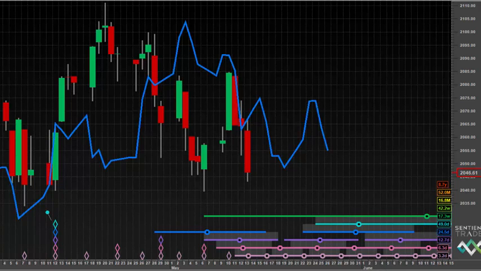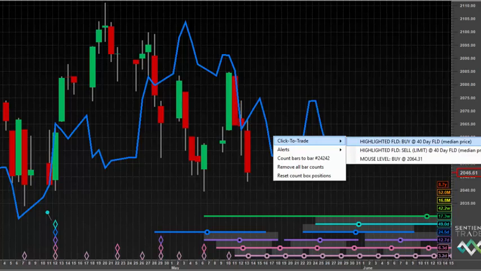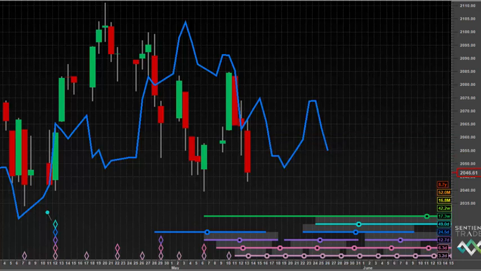So if I highlight the level of this FLD, you can see in Sentient Trader, I can choose here to buy at the level of the 40-day FLD. So if price bounces up and crosses the 40-day FLD, then that would be my entry. And of course, that entry level would be adjusted every single day.